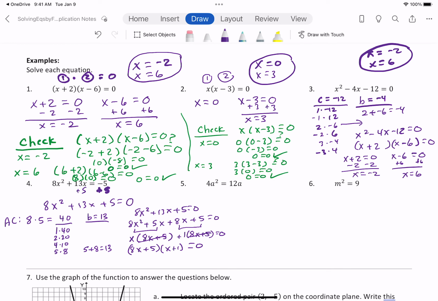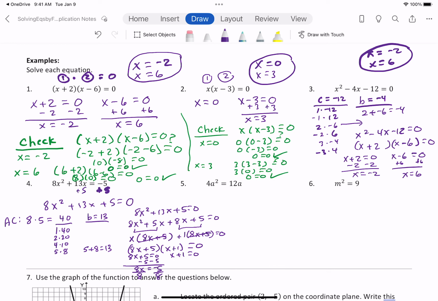And now we're finally to the point where we can solve. So we're going to set each one of those factors equal to 0 and solve each one of them. So the first one we need to subtract 5. I apologize, I'm running us out of space.